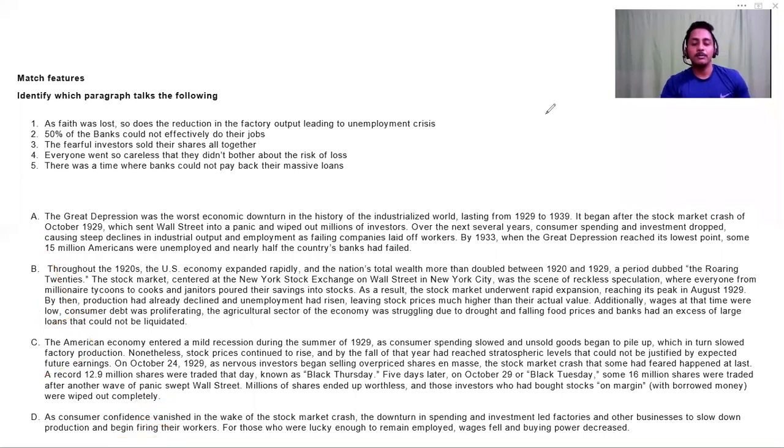So now you need to stick to the method. As faith was lost. Can anyone quickly tell me the synonym for faith, which is given here in the paragraph? Vanished means lost. Excellent, Sharon. Confidence. It has to be D.